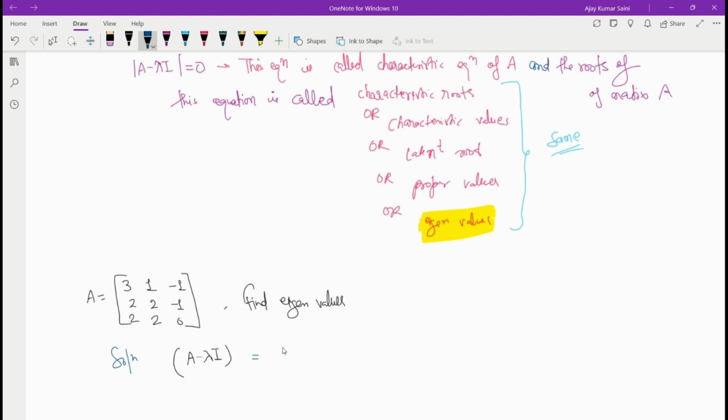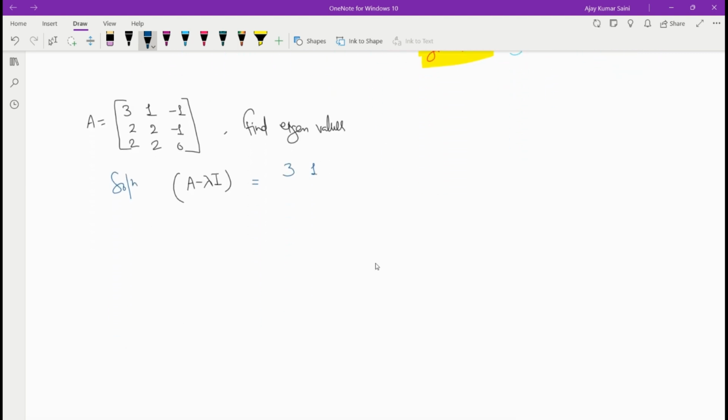It is 3 1 minus 1, 2 2 minus 1, 2 2 0. Okay, it is A and minus lambda times I, which is 1 0 0, 0 1 0, 0 0 1.